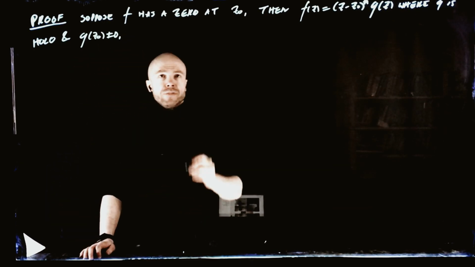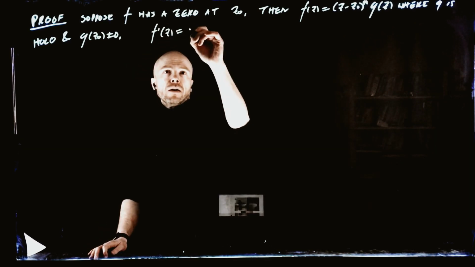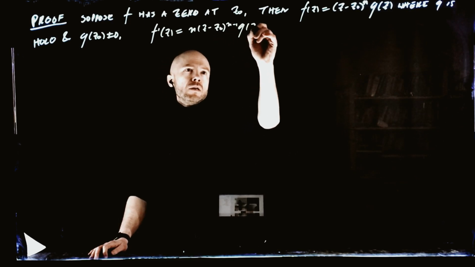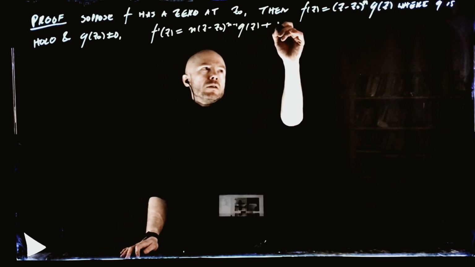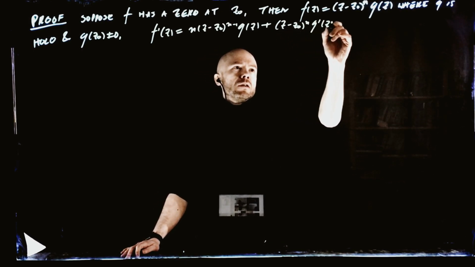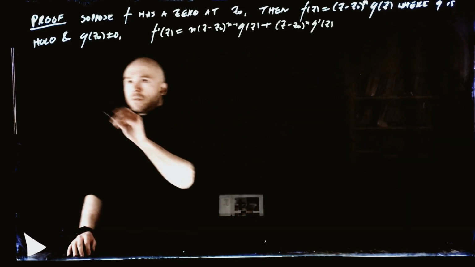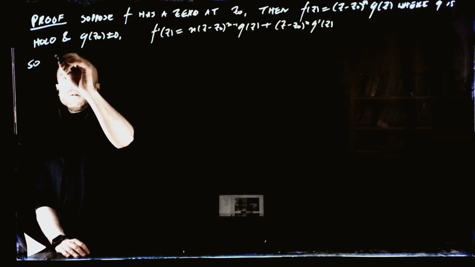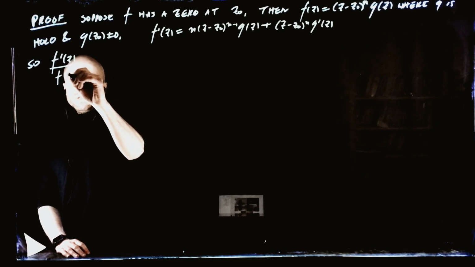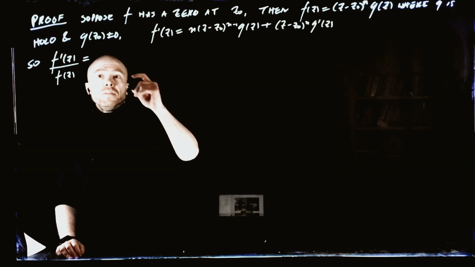Yeah? Then let's see what happens when we just differentiate this. If we differentiate this, we're going to have n (z minus z0) to the n minus 1, g of z, plus (z minus z0) to the n, g prime of z. Like this, right? So then if we consider this quantity, f prime of z over f of z, locally around this z0, then what happens?